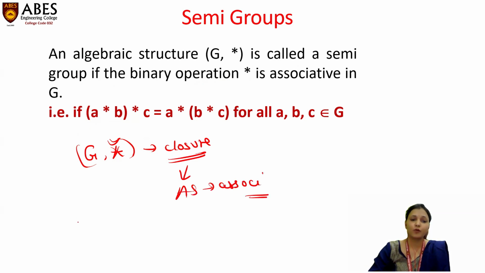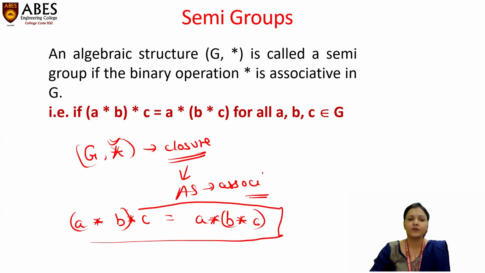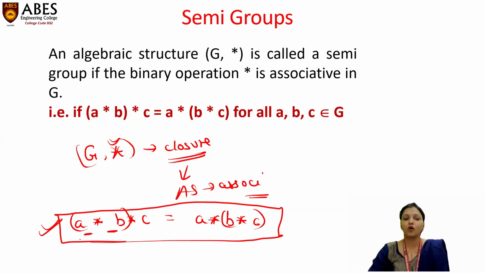What is the associative property? If on changing the association between three operands, we get the same result, with no change in the result, then the associative property is satisfied.